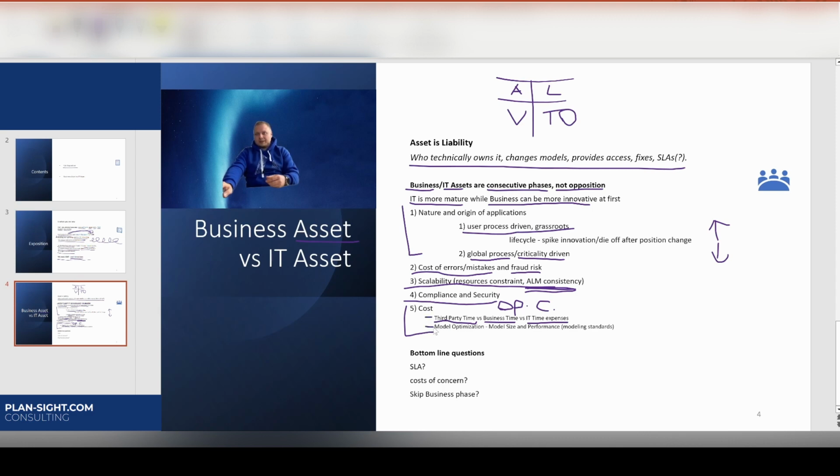There is also the technical side of things when we talk about costs. And the first thing that comes up is model optimization, because the guys who are very proficient with Anaplan are a lot more likely to know how to deliver applications at the cost efficiency that you usually want.